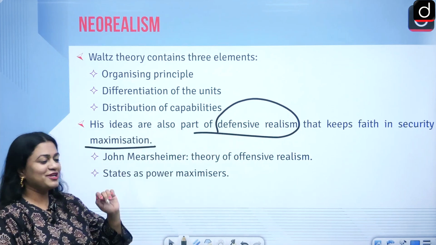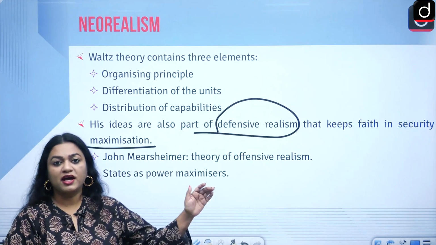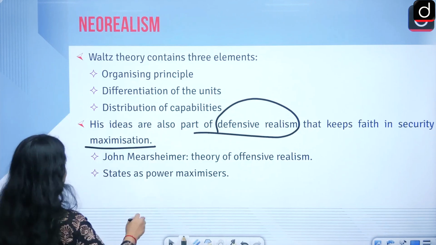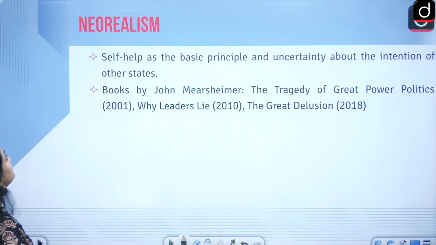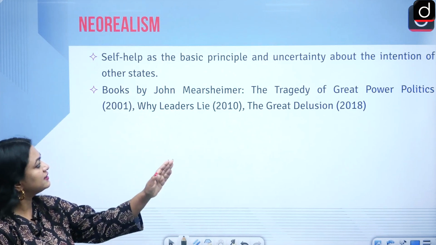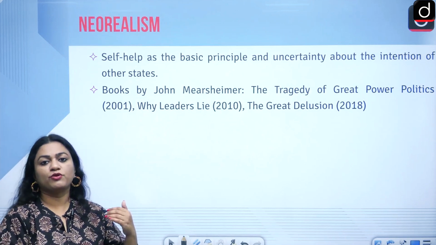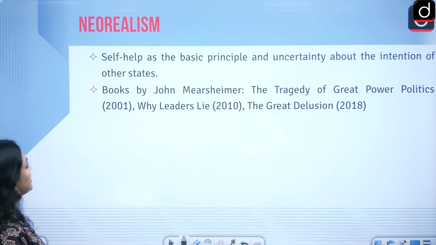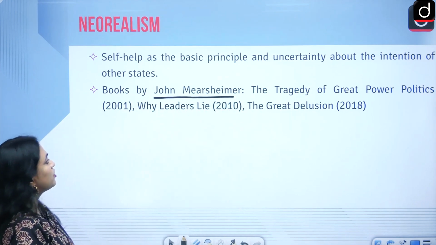Now, John Mearsheimer has given the theory of offensive realism, according to which states are power maximizers. Self-help as the basic principle and uncertainty about the intentions of other states lead states to go for power maximization. Let's understand some books written by John Mearsheimer.